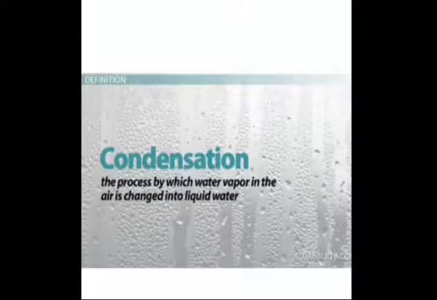So initially what is happening is that the heat of the sun is evaporating water and it is rising up in the form of water vapor, and then the process of condensation takes place at high altitudes, that is the air becomes cold and the water vapor present in the air condenses to form tiny droplets of water.